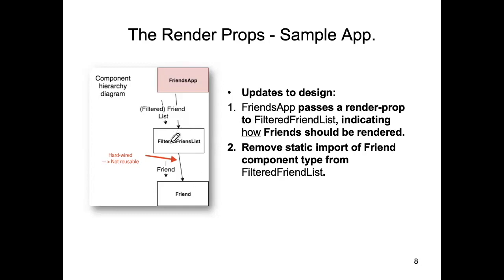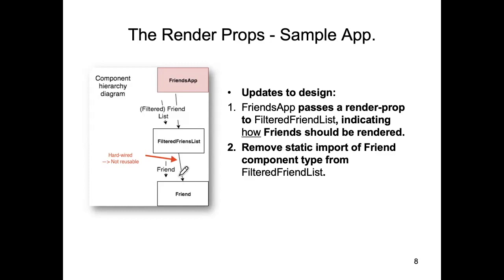So that meant that the filtered friends list could only render friends in a particular way because it was hard-coded into the actual code itself. But now we want this filtered friend list component to somehow change the way it renders friends dynamically. So we can no longer use a static import statement.